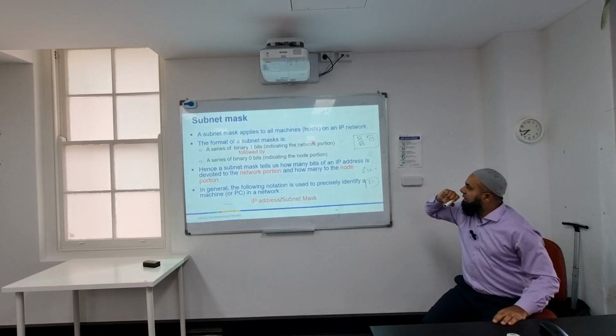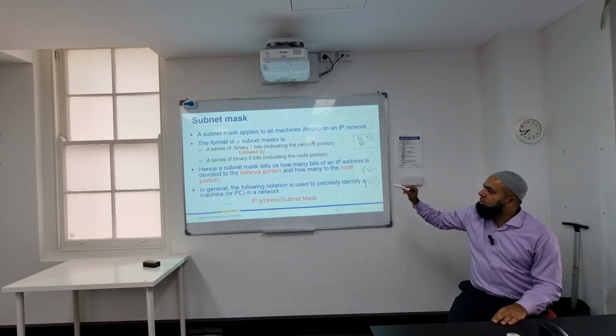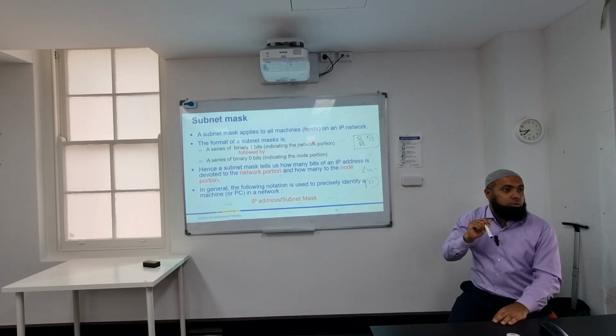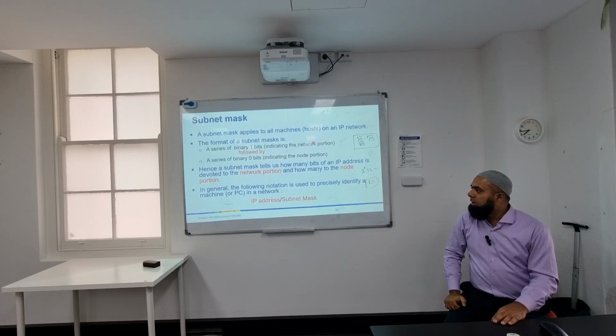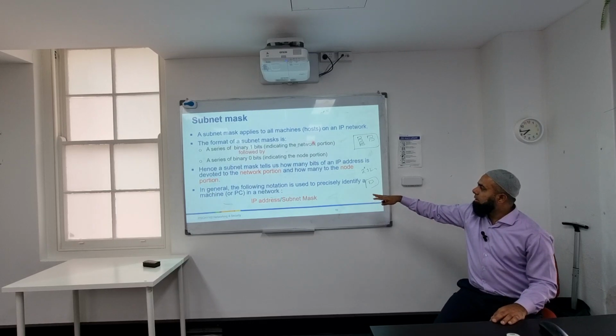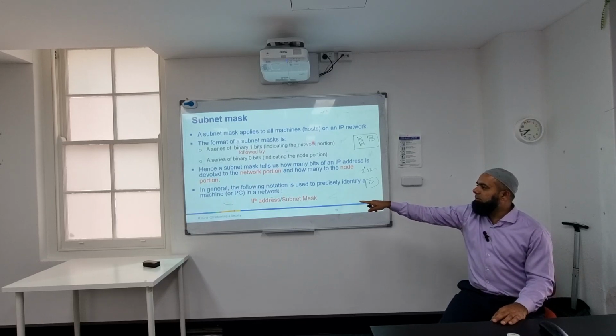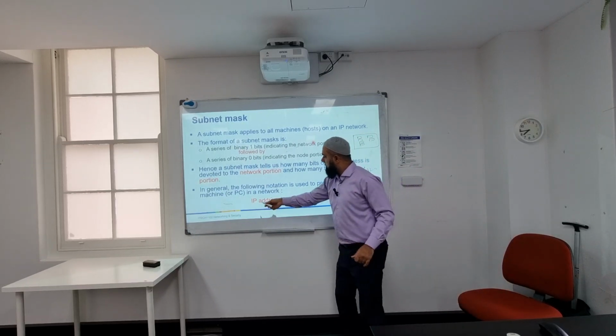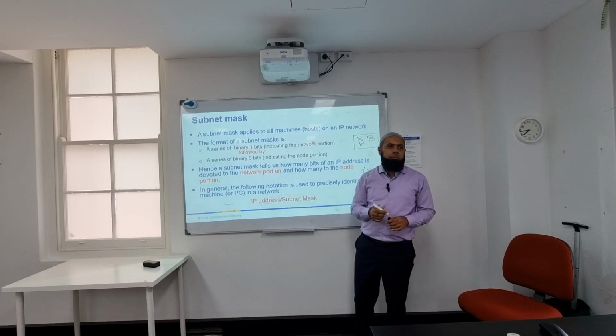Hence, a subnet mask tells us how many bits of an IP address are devoted to the network portion and how many to the node portion. In general, the following notation is used to identify a machine in a network: you write the IP address and then the subnet mask.